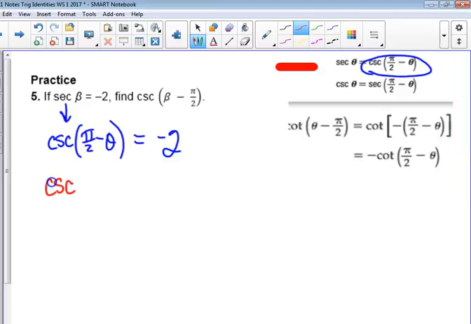We need to change this. Switch the signs around. We need this one to become negative, this one to become positive. Because it's an odd function, that means we have to put the negative out here. If we do that to this side, we have to do that to this side. So we're going to get, okay, cosecant is positive.